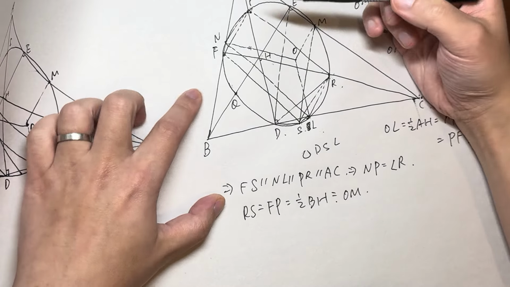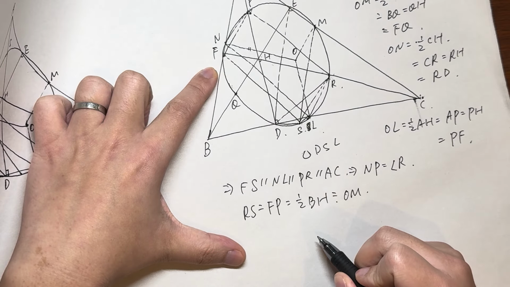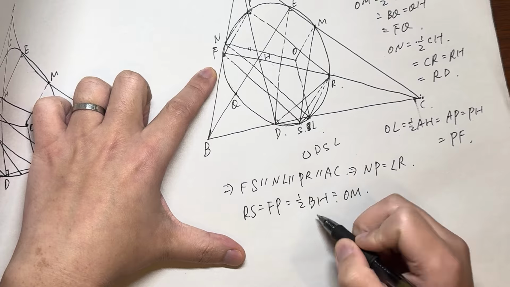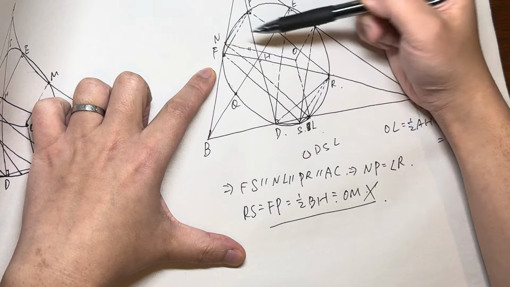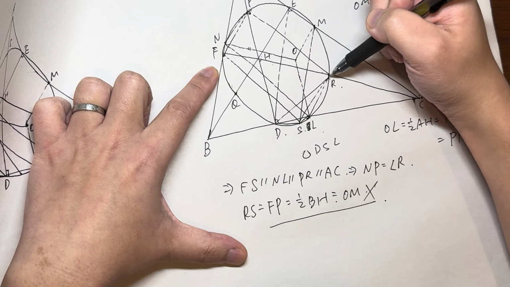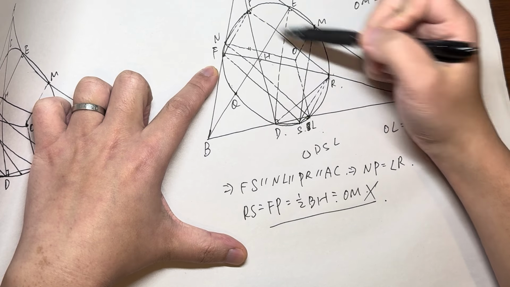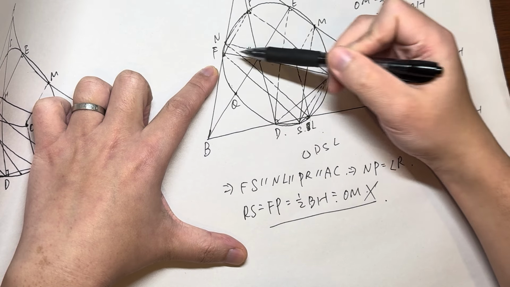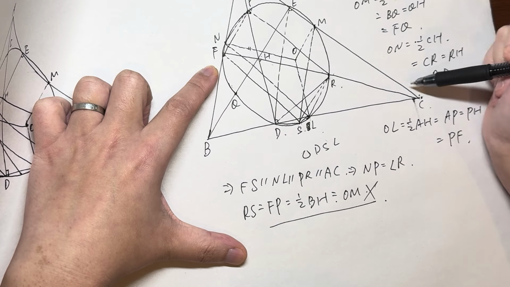Hold on. See, I feel I made some mistake here. No, this is wrong, right? Because F is not the midpoint, N is the midpoint. So we know that PR is parallel with AC, that's no problem. And PR is parallel with NL. FS is parallel with PR, parallel with NL, parallel with AC.